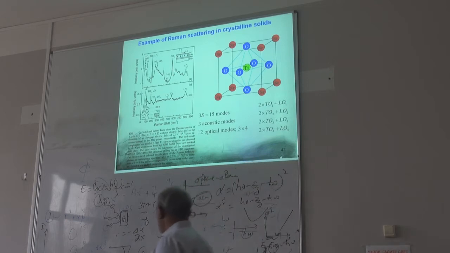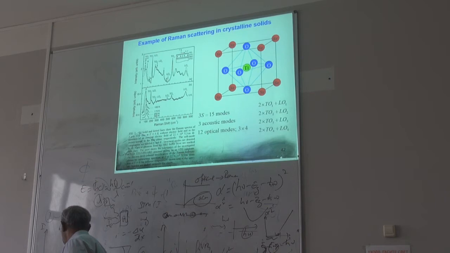So if we have 5 atoms per unit cell, acoustic modes are always 3. This 3 means 1 longitudinal and 2 transverse.